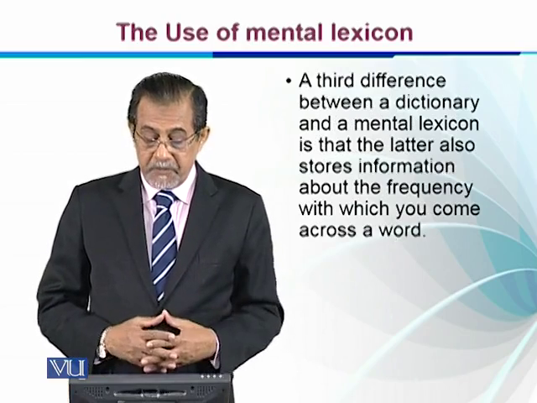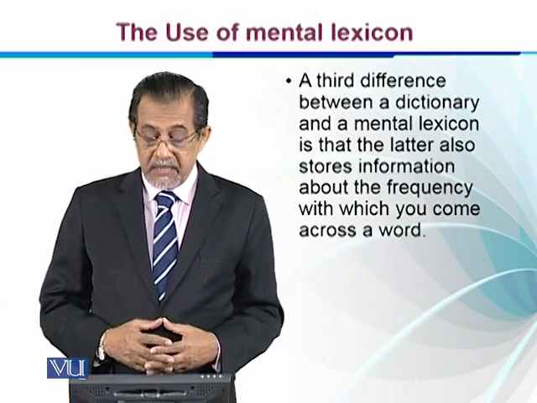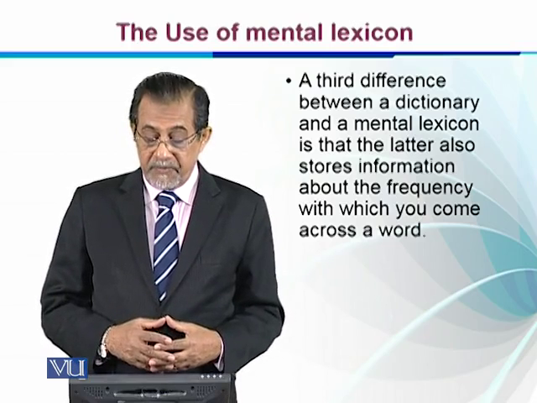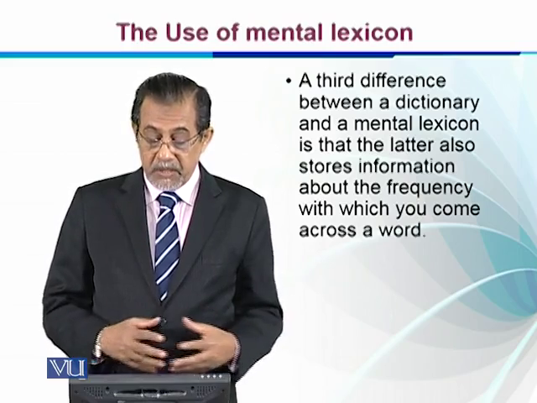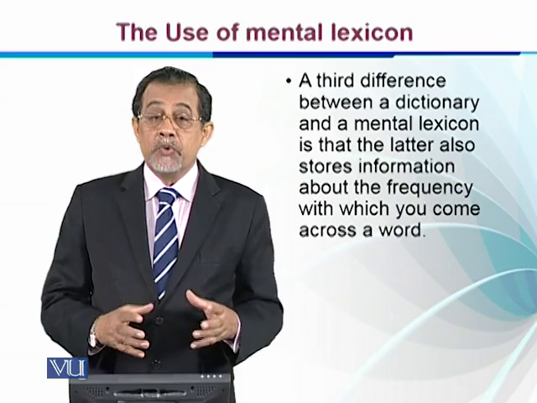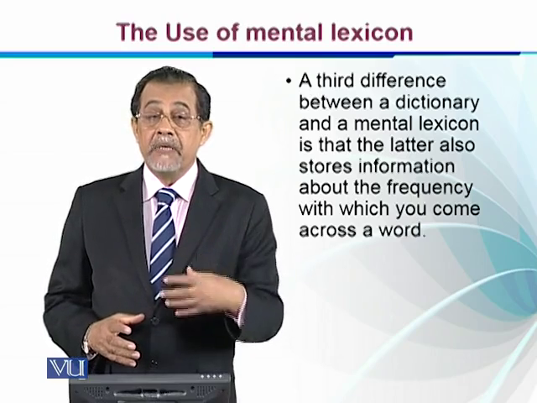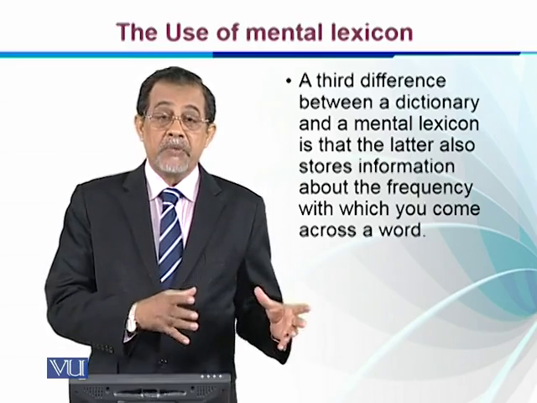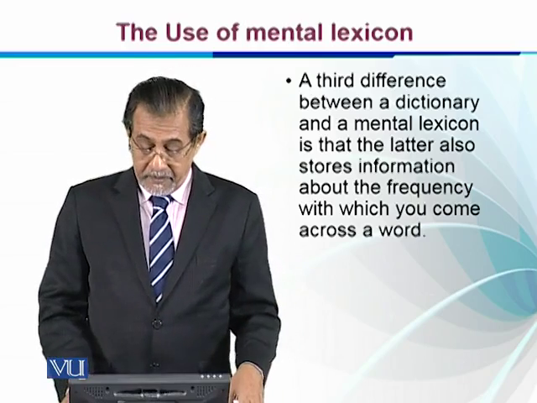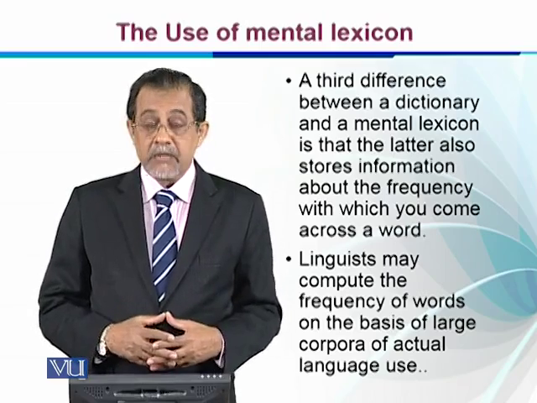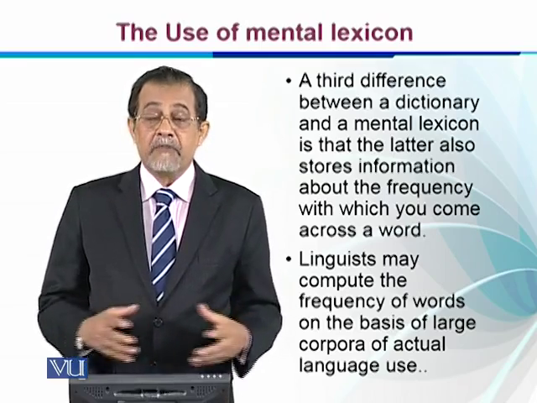A third difference between a dictionary and a mental lexicon is that the latter also stores information about the frequency with which you come across words. I mean, the more we use a word, the more readily we know that word. So it is not the case with the dictionary. Linguists may compute the frequency of words on the basis of large corpora of actual language use.